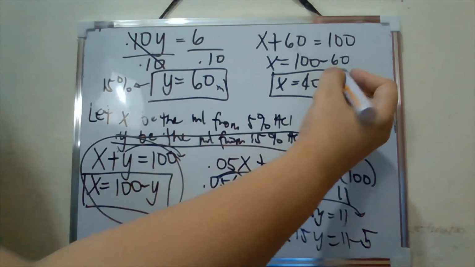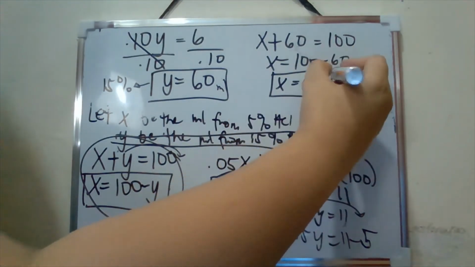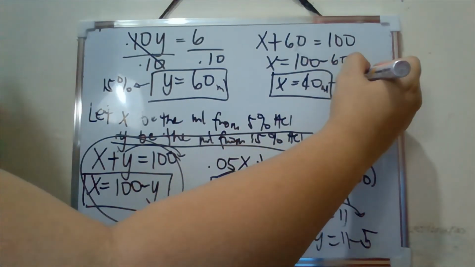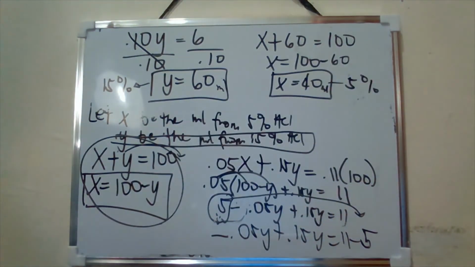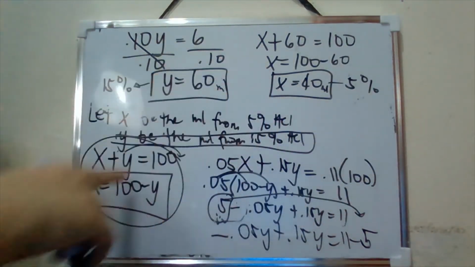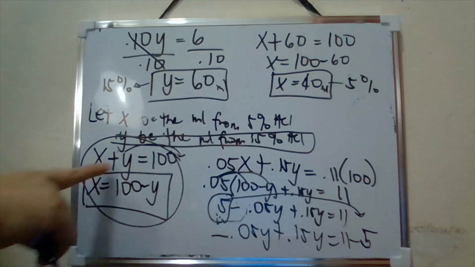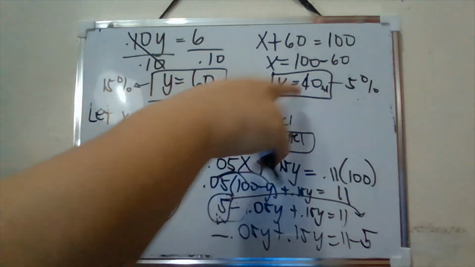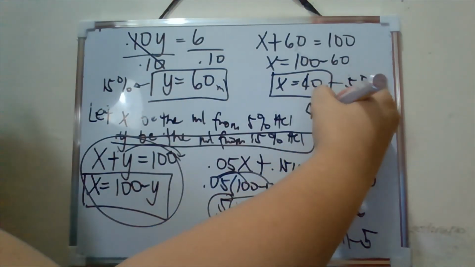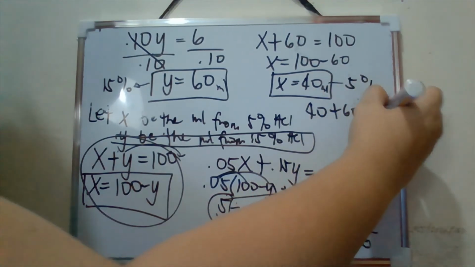Thus, this is the 40 milliliters you get from the 5%. Following the original equation X plus Y, that's 40 plus 60, which is equivalent to 100.